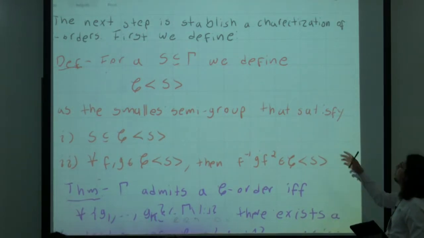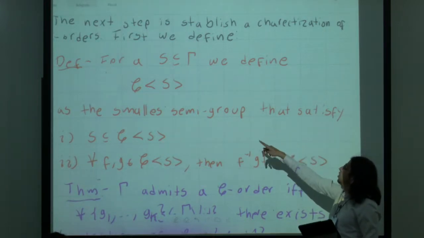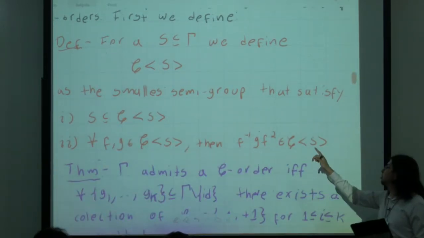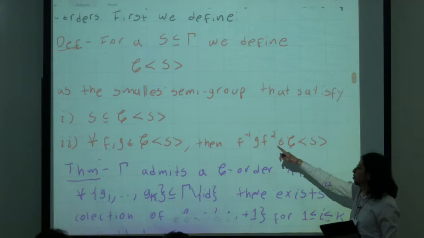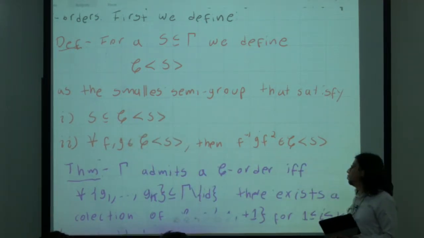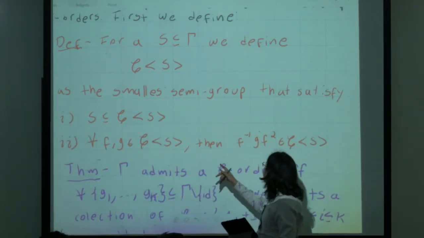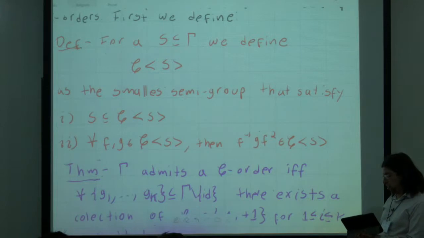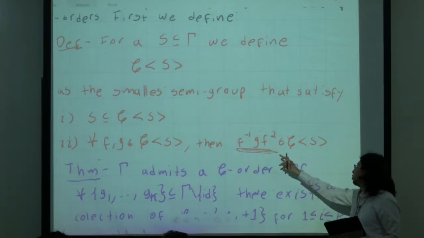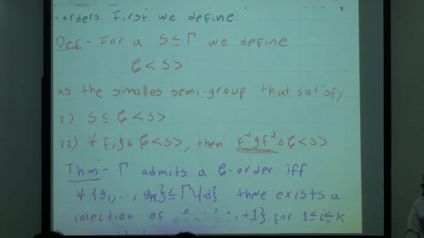If we have a subset S of a group, we define C generated by S as the smallest semigroup that satisfies these two properties: S is a subset of this semigroup, and for all elements f and g in the semigroup, the element f^-1 g f^2 also belongs to the semigroup, right?